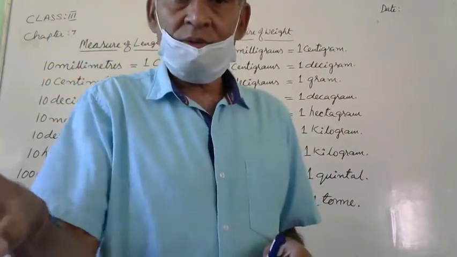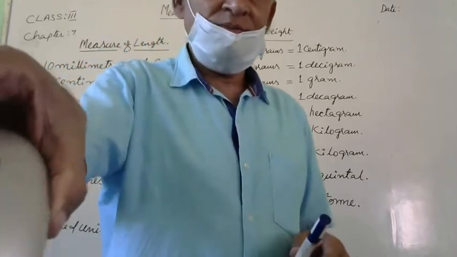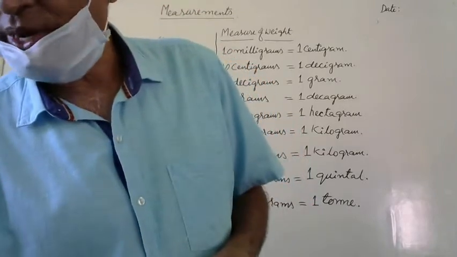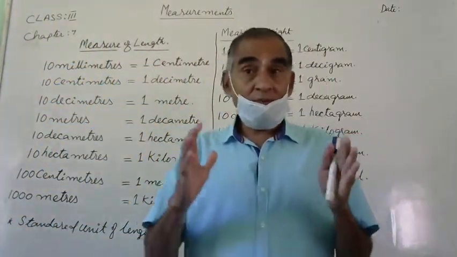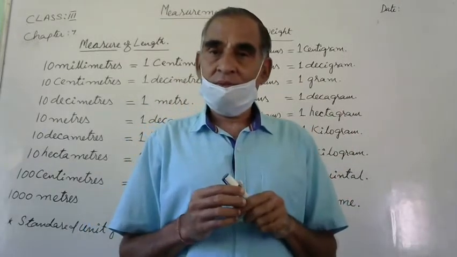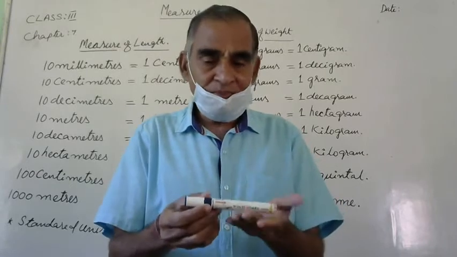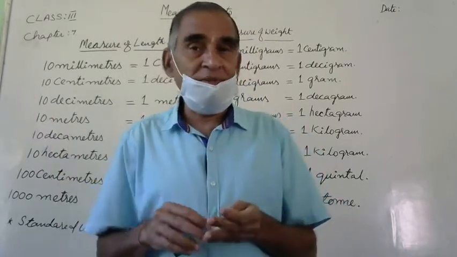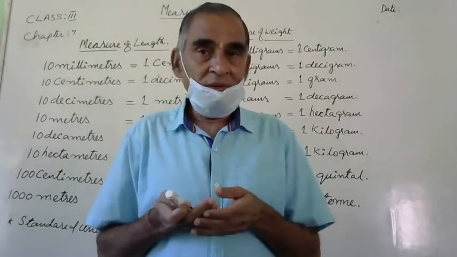Or how much a pumpkin weighs. The pen is light, whereas a pumpkin is heavy.